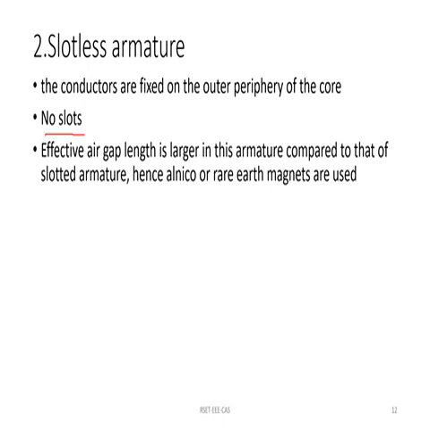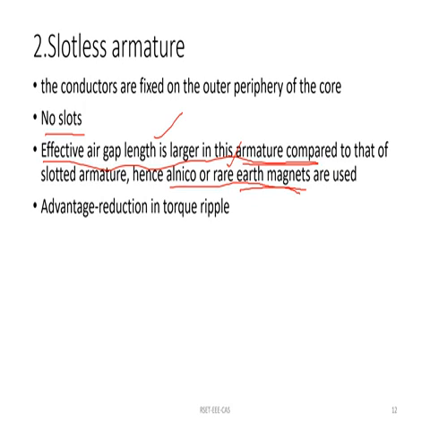Now if you compare it with slotted armature construction, the effective air gap length is larger, and for the slotless armature construction, basically we use an alnico or a rare earth magnet as the stator. It has the major advantage that it causes a reduction in torque ripple.